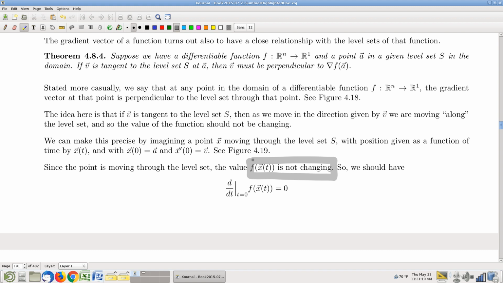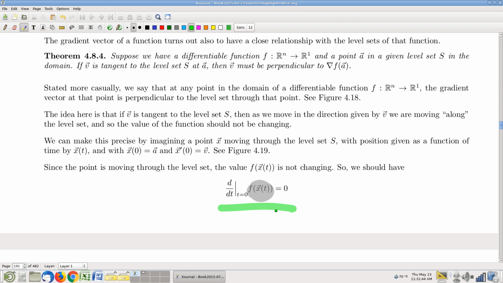Everywhere on the level set, no matter where you're on the level set, f is c, constant. So if you move around some curve on that level set, f is still c. It's not changing at all. And that has a nice consequence. If this thing here is not changing, then it's pretty believable that its derivative is 0.